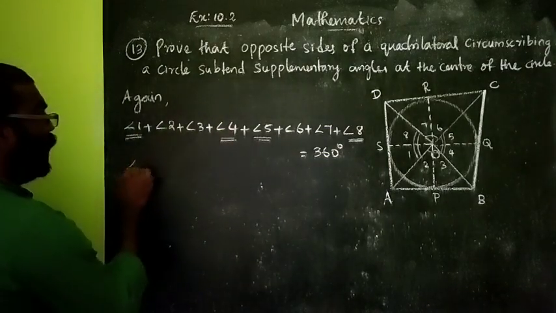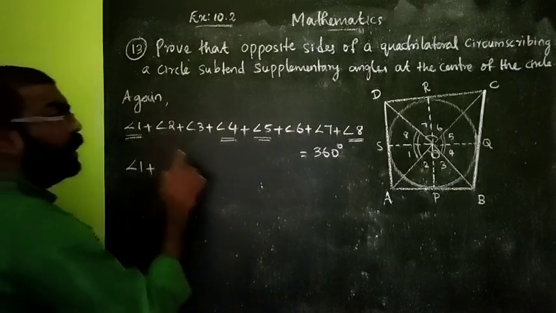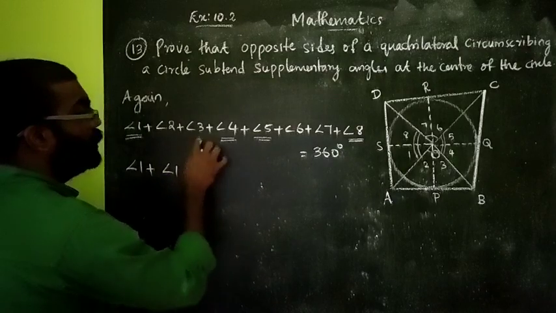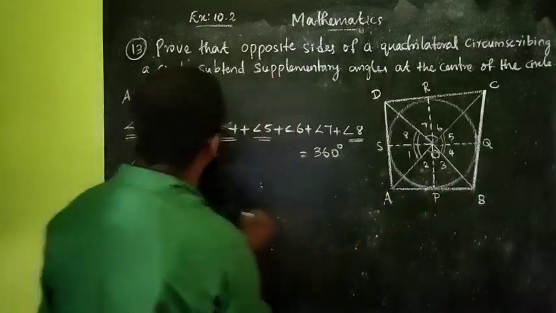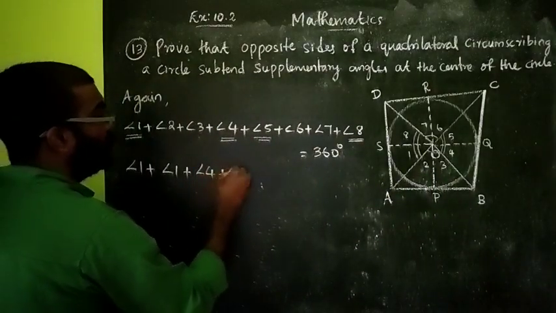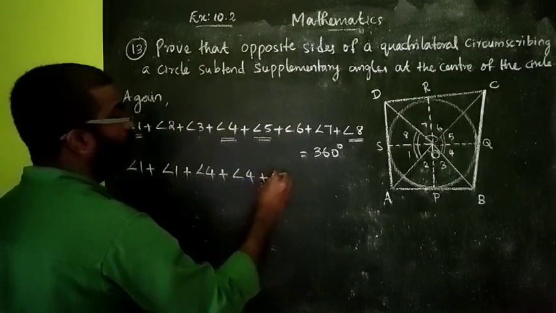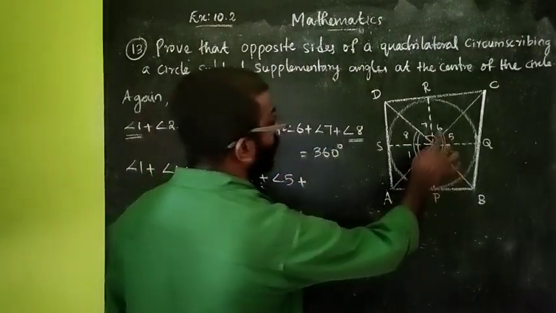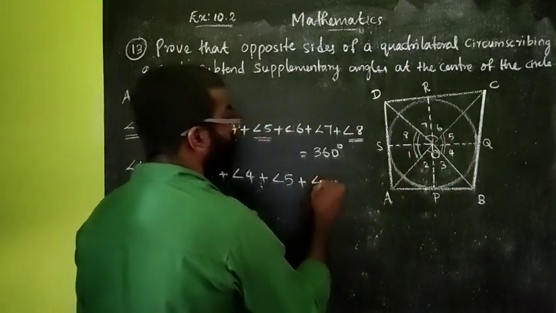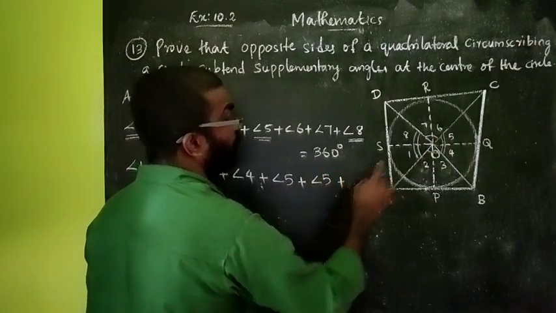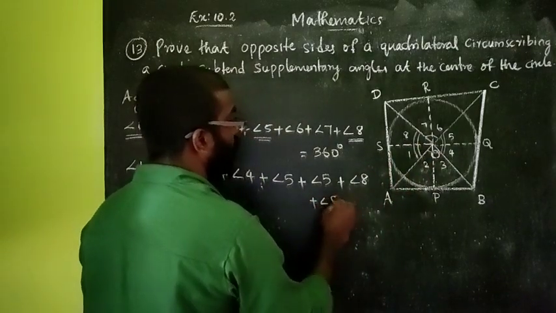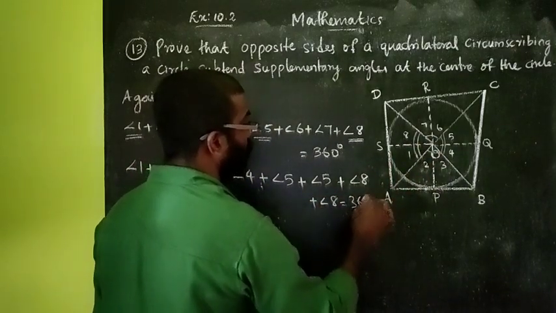Okay. So angle 1 plus angle 2. Angle 2 is equal to angle 1. Then plus angle 3. Angle 3 equal to angle 4. Angle 4 plus angle 4. Then plus angle 5 plus angle 6. Angle 6 is equal to angle 5. So angle 5. Then plus angle 7 is equal to angle 8. Then plus angle 8, which is equal to 360.